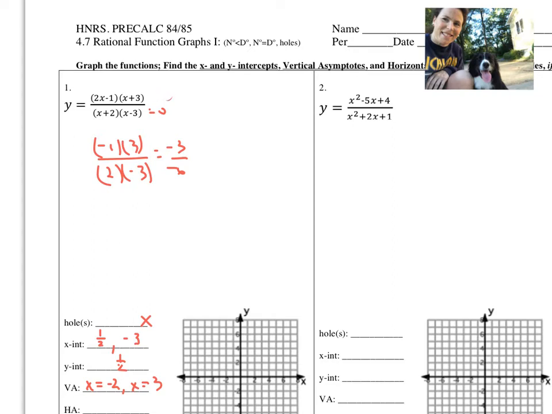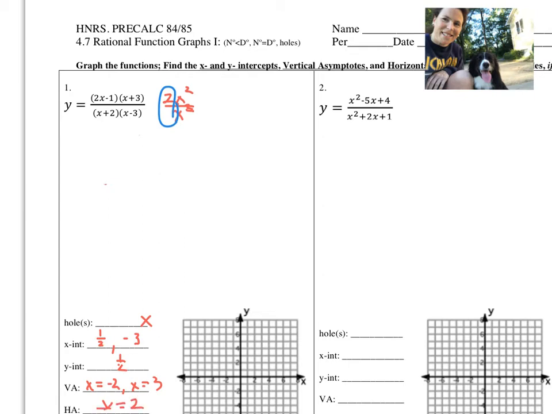If I FOIL out the numerator, I have a 2x squared to lead, and if I FOIL out the denominator, I'm going to have a 1x squared. Anytime the degree of the numerator is equal to the degree of the denominator, it is based upon your leading coefficients being divided by one another. So we have a horizontal asymptote at y equal to 2.